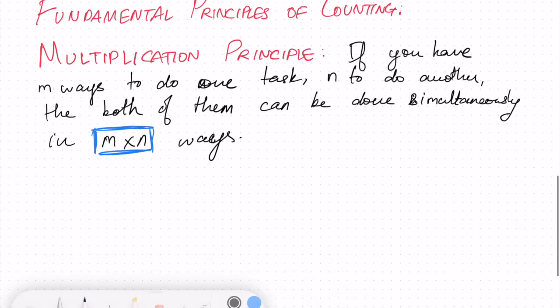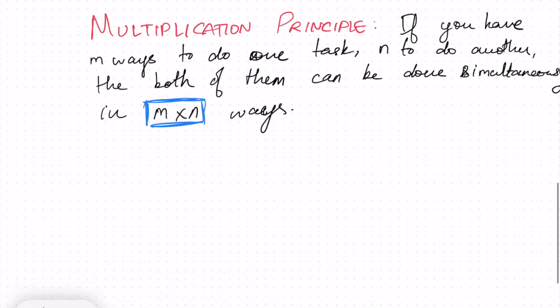Another approach that we can use is the addition principle.